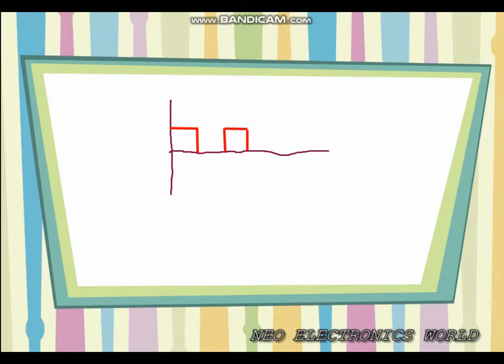I'm using only 3 bits here, that is 1, 0 and 1. This is unipolar non-return to zero. I'll write it here: unipolar NRZ.